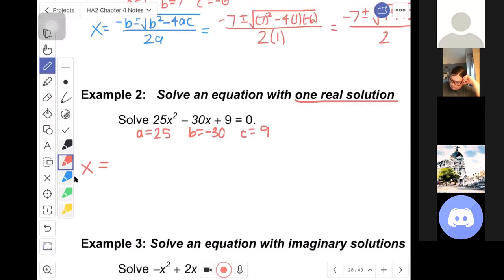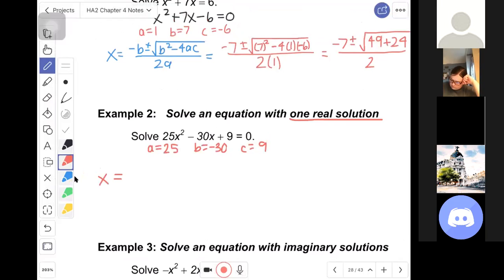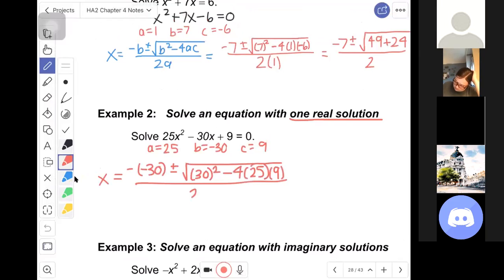Notice we have a negative b. So if we have a negative and negative 30, that'll be positive. So that's what this looks like once you plug all those numbers in.